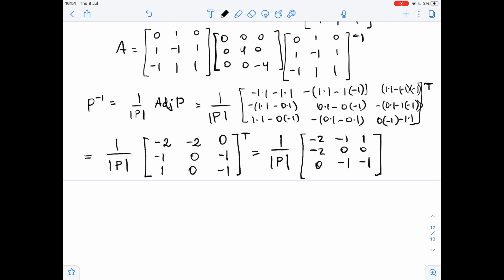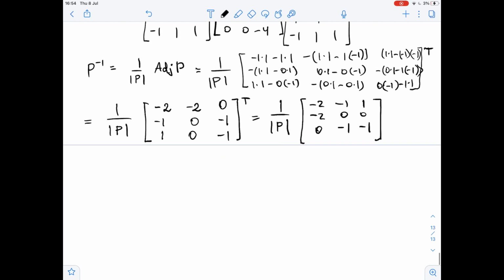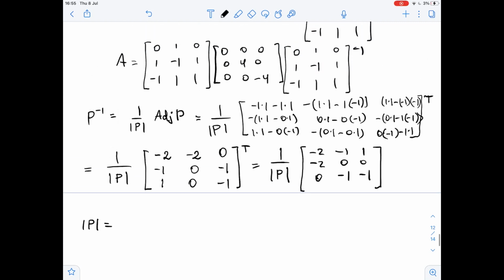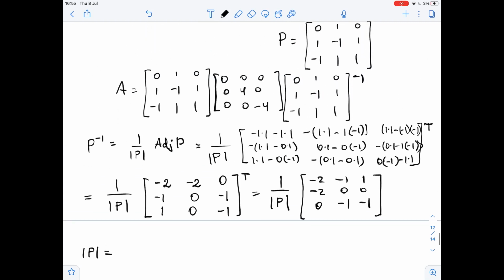Well, now we need to find the determinant of matrix P. Since P is a 3 by 3 matrix, we will do the expansion along the first row.